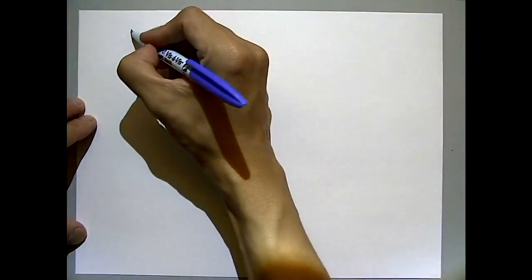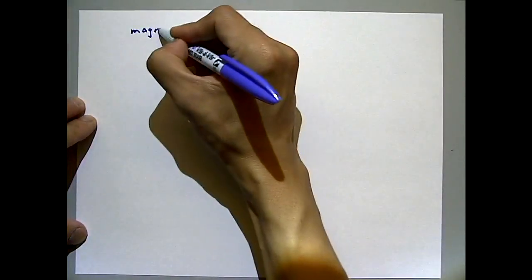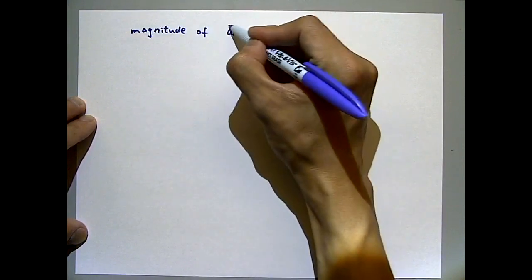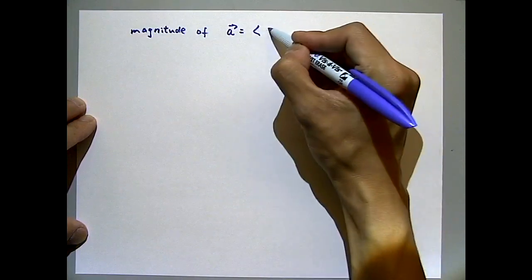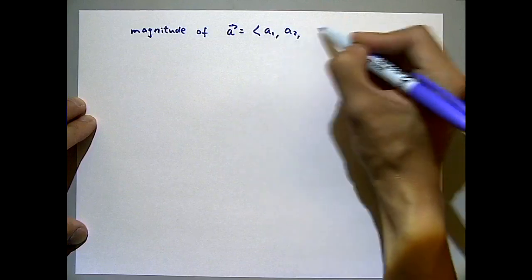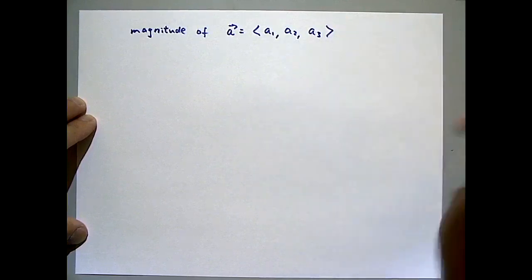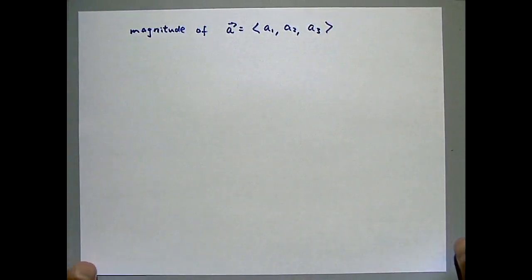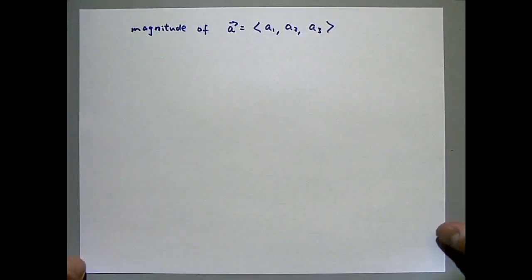How do you find the magnitude? Let's say A1, A2, A3. Remember this? How long is this vector? Very good.